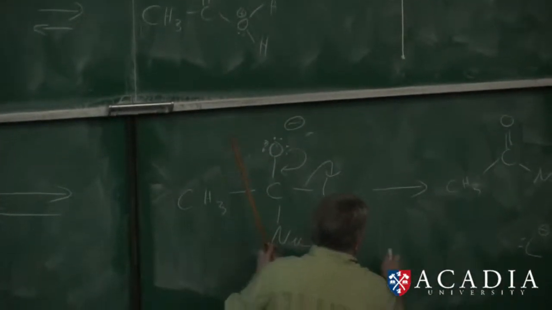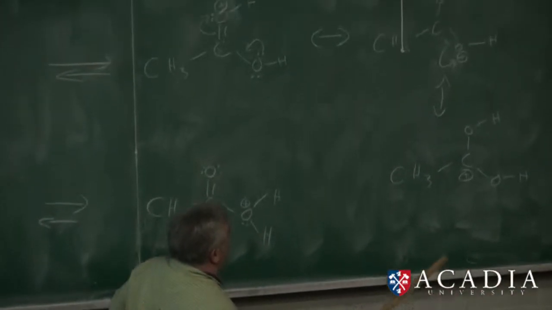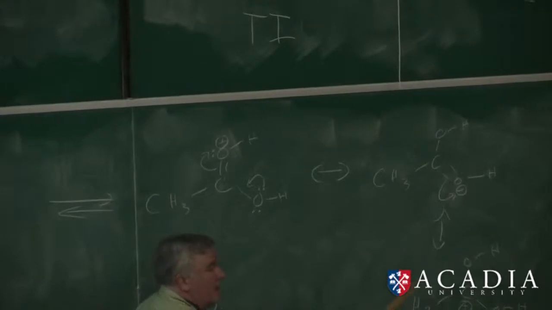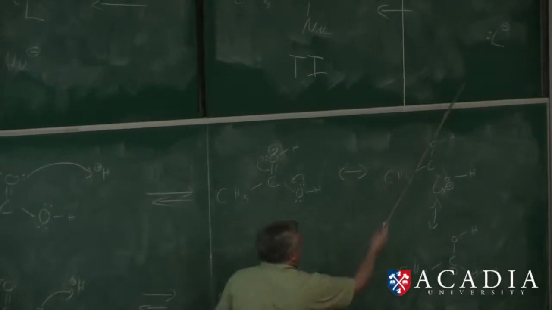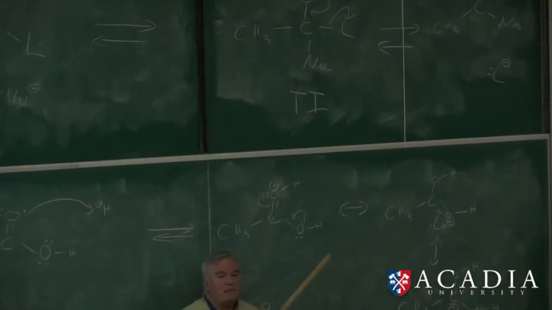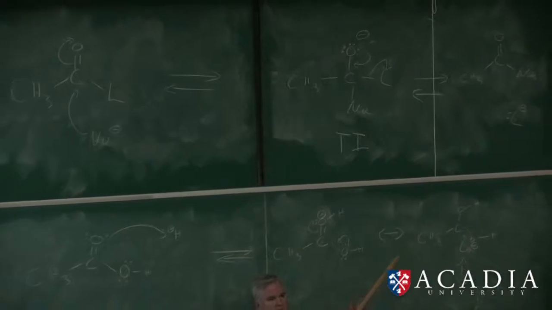And just like these are in equilibrium, right? And the position of this equilibrium is going to depend. If the leaving group is a more stable anion than the nucleophile, it's going to favor that side, okay?